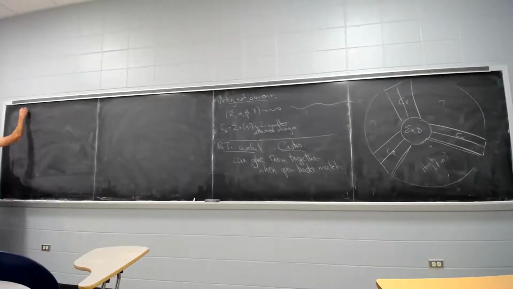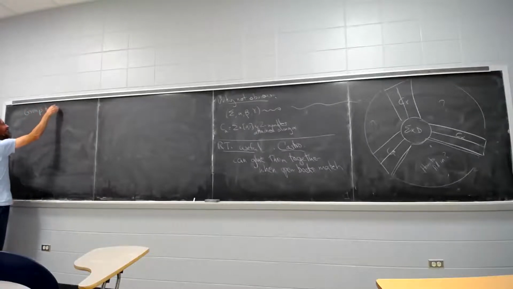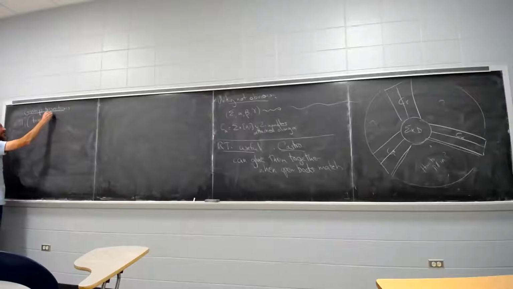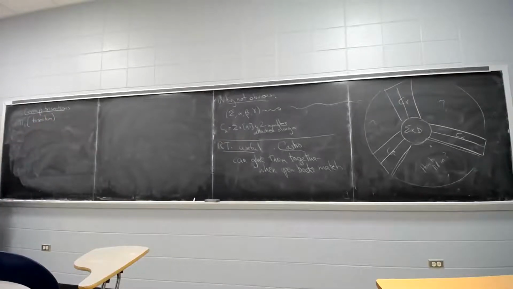So, group trisections. The idea is, if you take the fundamental group of the trisection, what do you get? Well, you want to think: I've got my trisection, I've got X1 intersect X2 intersect X3. Let's first think about all the different pieces you get.